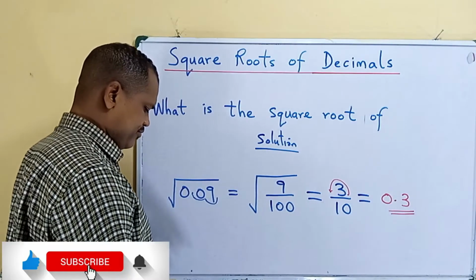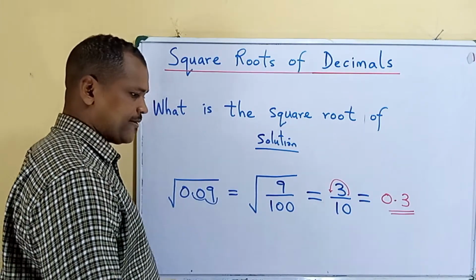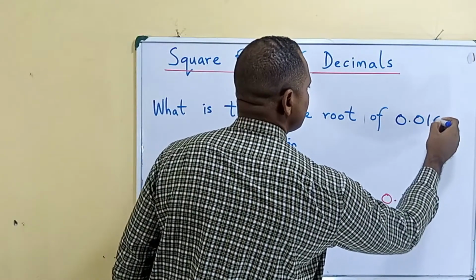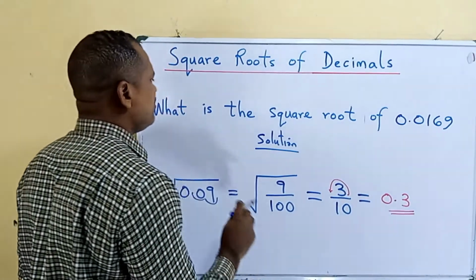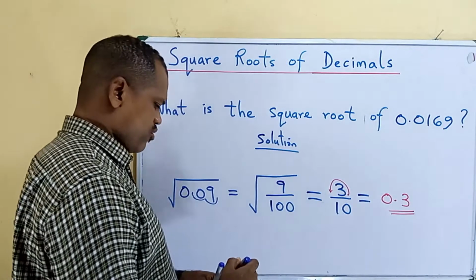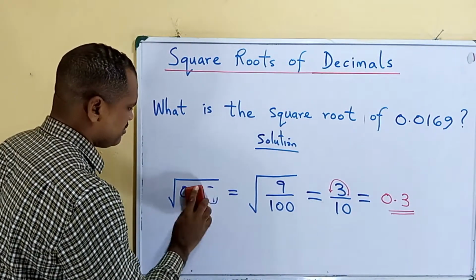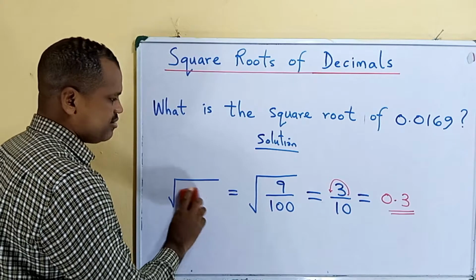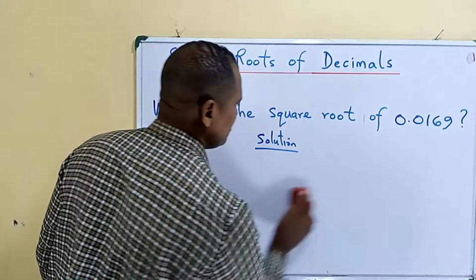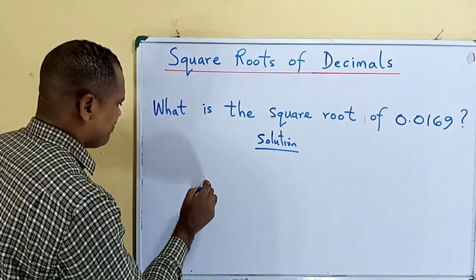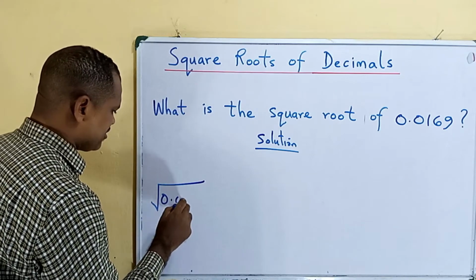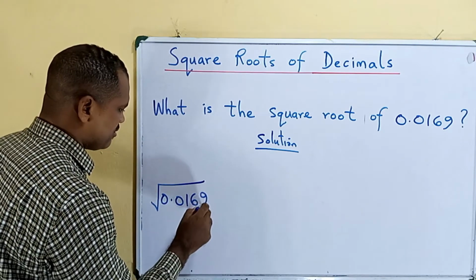Let's do another one. Let's do 0.0169. What is the square root of 0.0169? Just the same step you will take. Let me clean this. So here we have the square root of 0.0169.